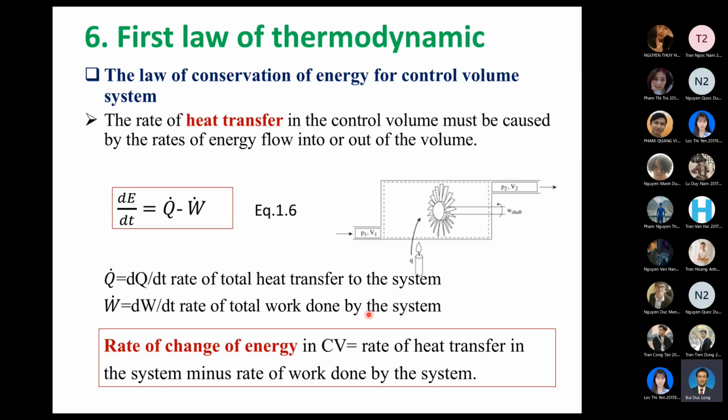So you can see here the rate of change of energy in the CV will be equal to the rate of heat transfer in the system minus the rate of work done by the system. So this is the first law of thermodynamics for open system.